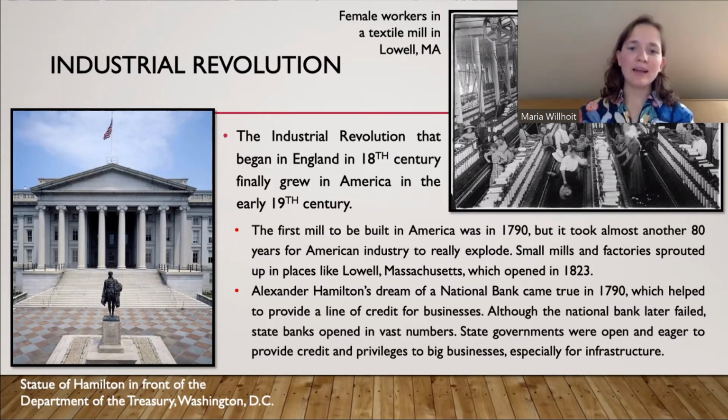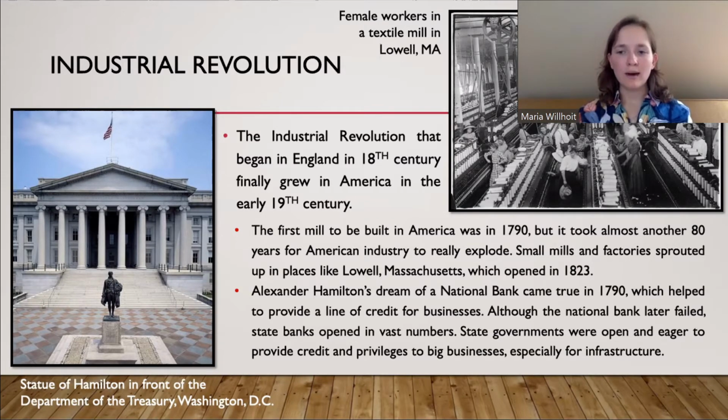And so we finally get a national bank in 1790, and this was good because it provides a line of credit for businesses. We didn't have a lot of small banks at this time. Small banks come later. Even though the national bank didn't last forever, we actually got rid of it. A lot of people in America didn't like it; they thought it would be too powerful. It was too much of an example of big government becoming powerful.